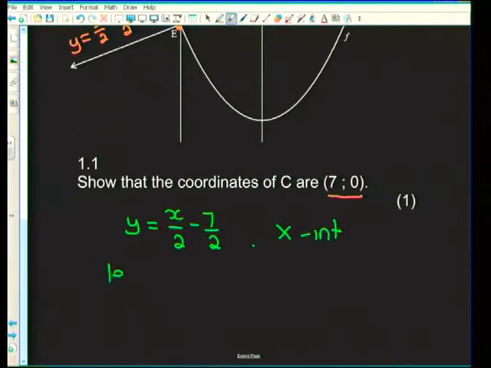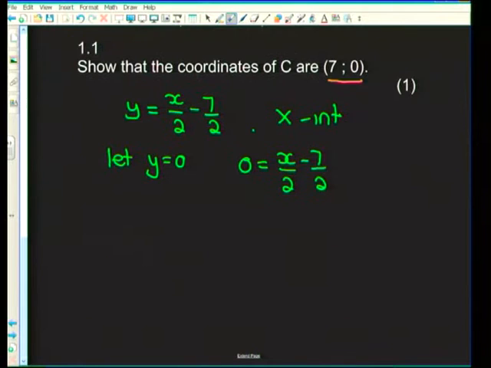So what we have to do now is we have to let y equal 0. Now, if y is 0, 0 is equal to x over 2 minus 7 over 2. Now, the good news is that all we have to do now is multiply through by 2. So we would times this by 2, this by 2, and that by 2, and we would get 0 is equal to, those 2's would divide into each other, and those 2's would divide into each other.